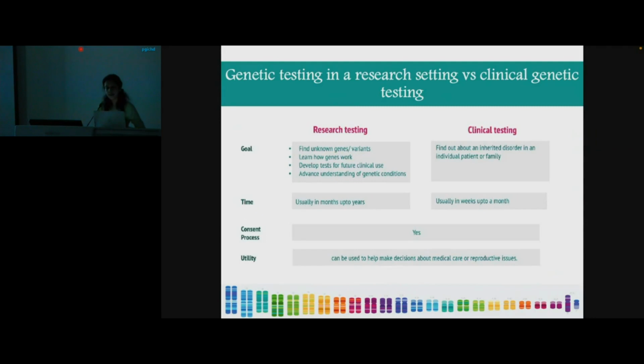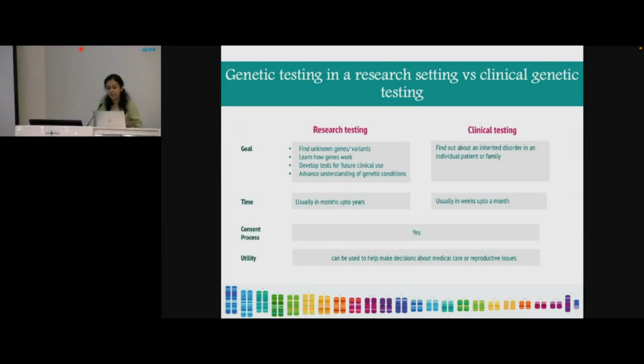This can help in advancing the understanding of genetic conditions, and the insights that we gain from research are also used to develop tests for future clinical use.